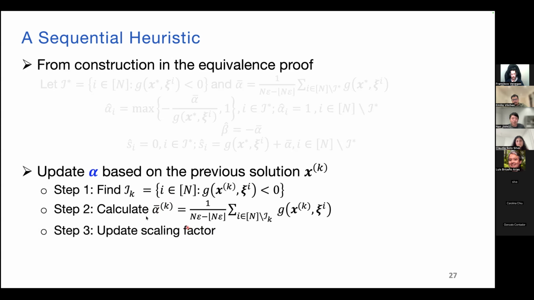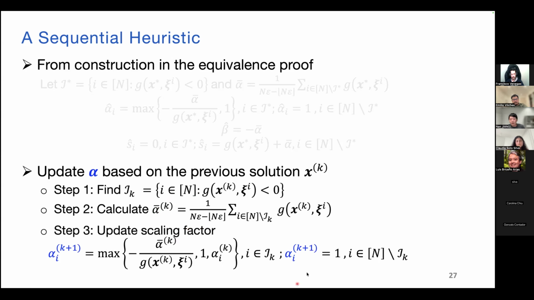Then we update the scaling factors. The idea is simple: if this constraint is not satisfied, we keep it and do not scale it. If it is satisfied, we scale the corresponding alpha coefficient.